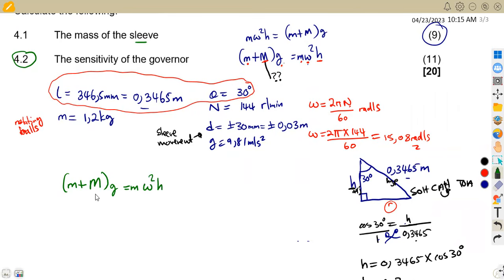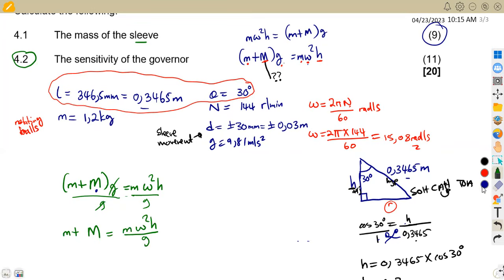So we can manipulate this formula to make the capital letter M the subject, or we can substitute directly. I'm just going to manipulate it, but you can substitute directly, don't worry. So you're going to divide by g both sides. So if you divide by g, you remain with M plus m, which is equal to m w squared h over g.